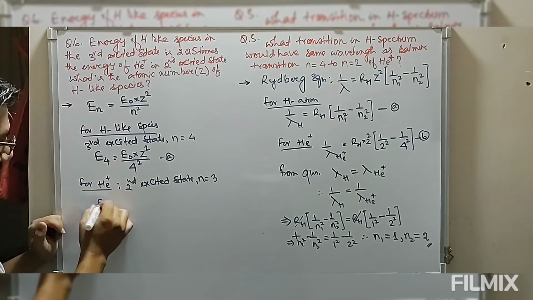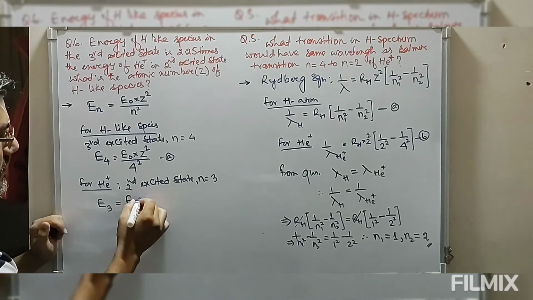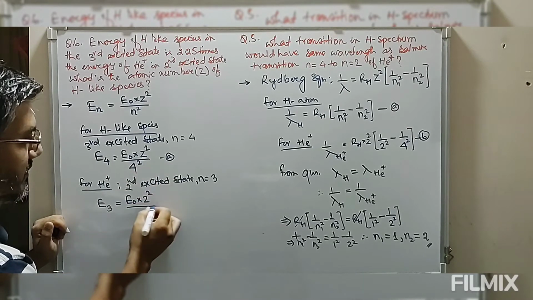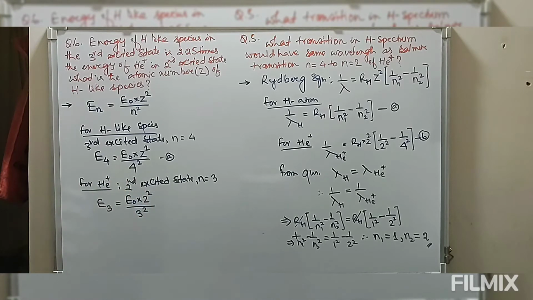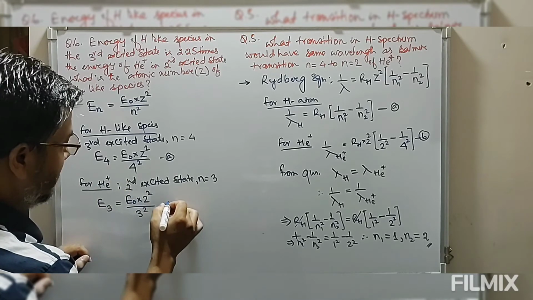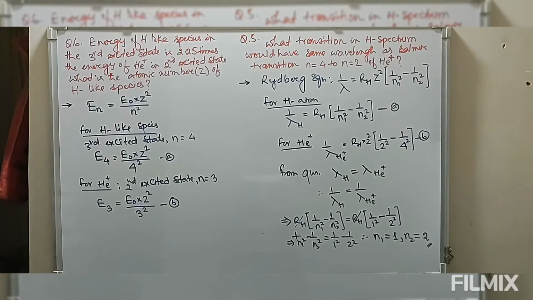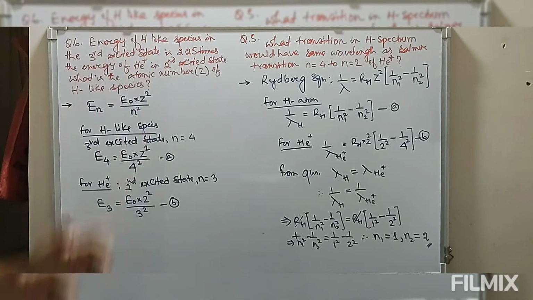So therefore E3 is equal to E naught into Z square divided by 3 square, where Z for helium is 2, so 2 square divided by 3 square. So we have the energy of the electron in the third excited state of the unknown element and the second excited state of helium. Now the question says the energy of this unknown element in the third excited state is 2.25 times the energy of helium in the second excited state.